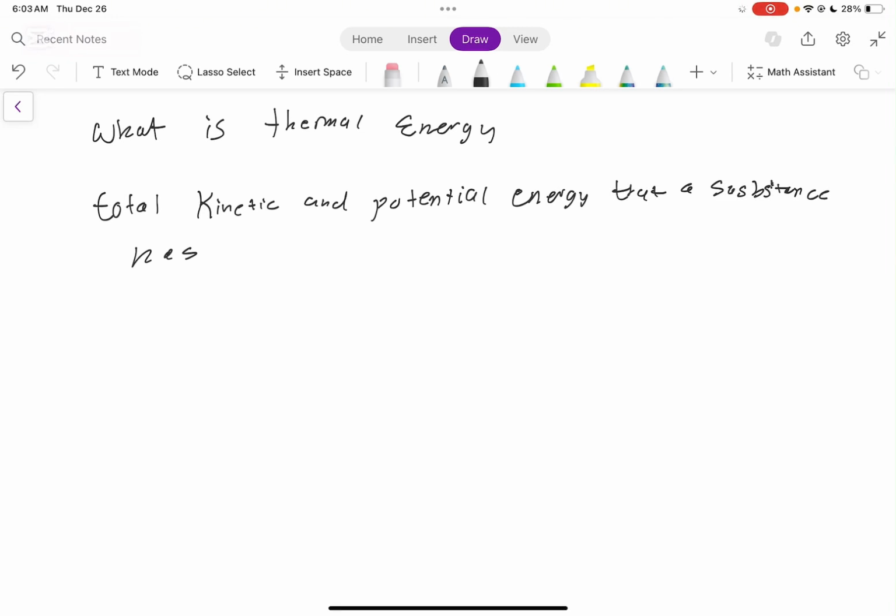We cannot create or destroy energy. So thermal energy is really the total kinetic and potential energy that a substance has, that the particles of the substance have.